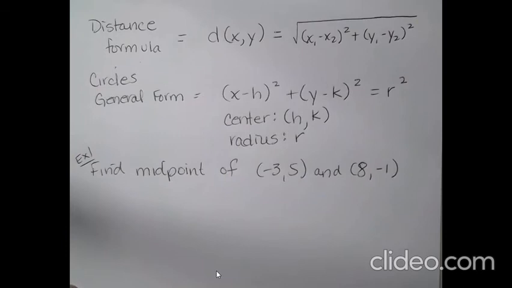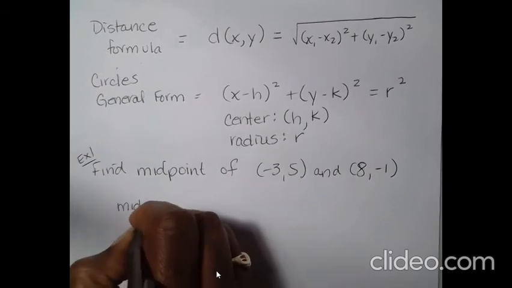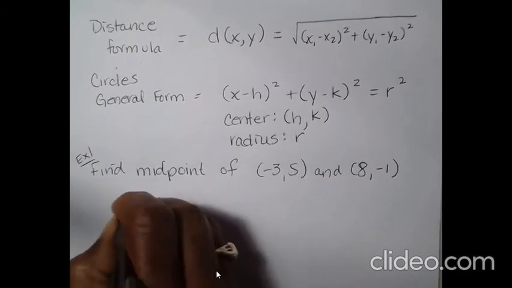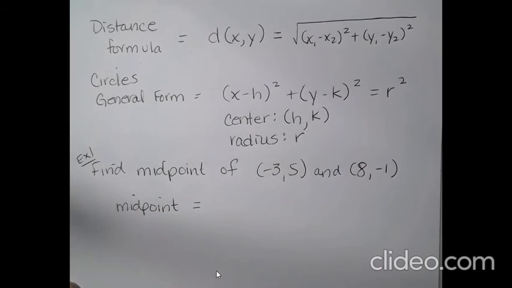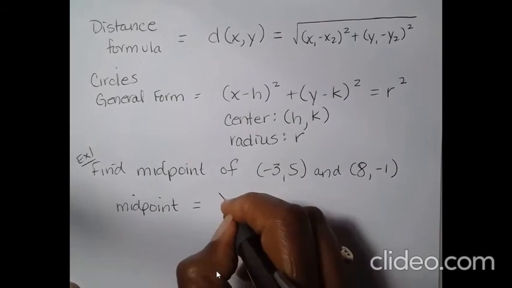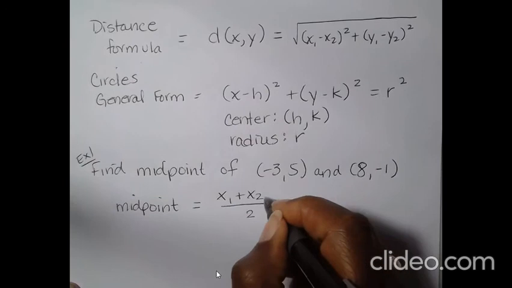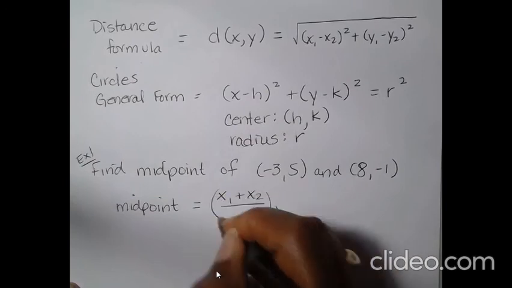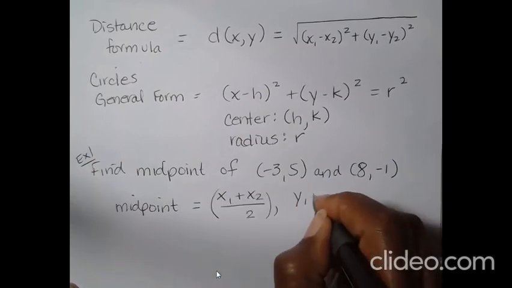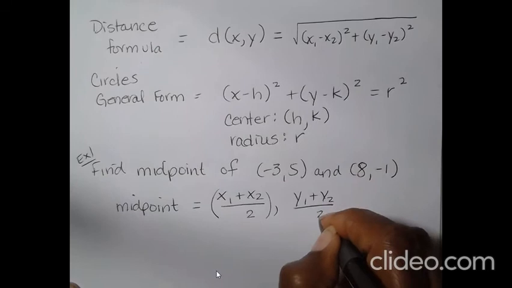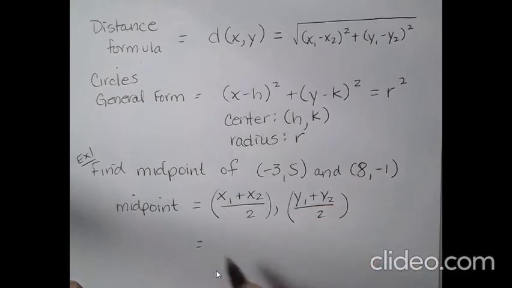Again, we want to use our formula. Midpoint of these 2 points equals x1 plus x2 over 2, and this is 1 point, and y1 plus y2 over 2, this is going to be our second point. So let's sub in.